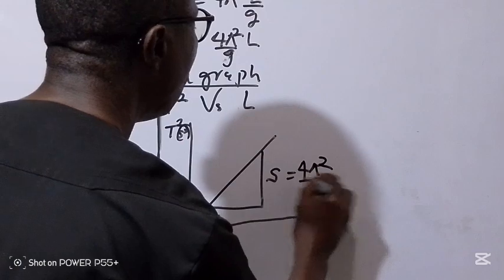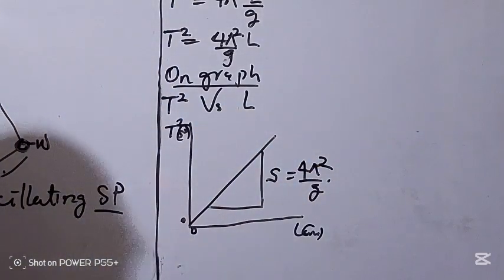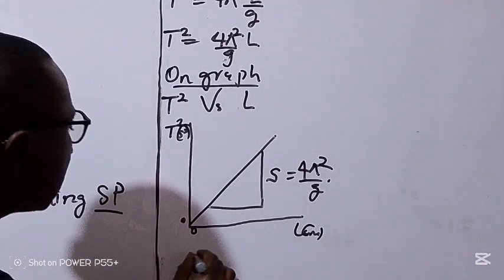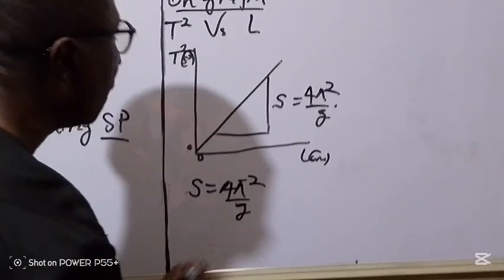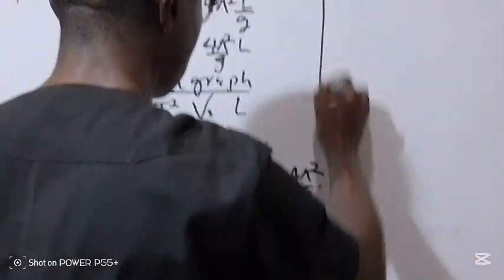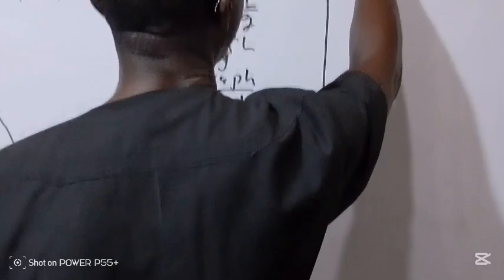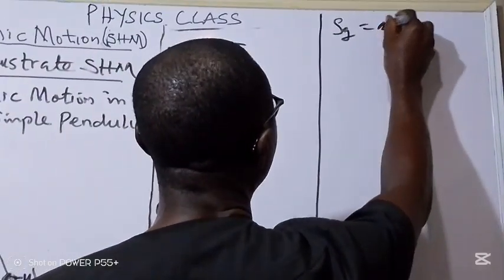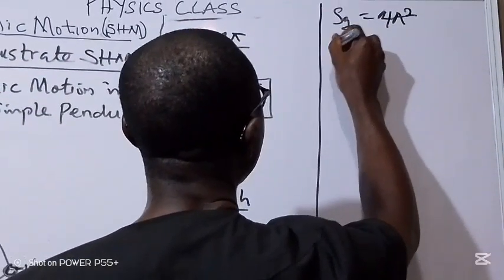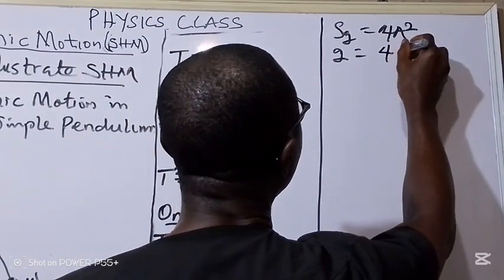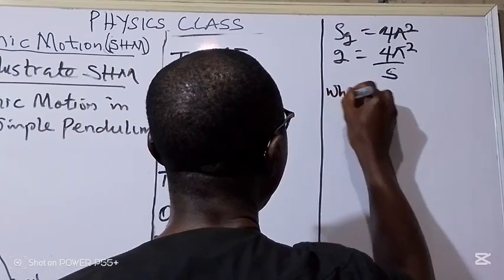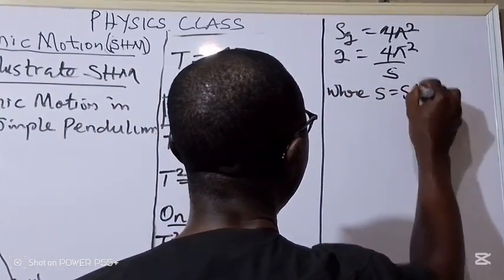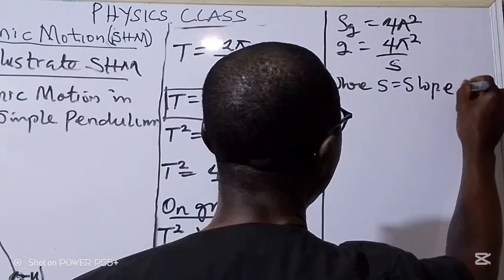So from there, the value of acceleration due to gravity can be calculated as S is equal to 4 pi squared over g. Therefore, S g will be equal to 4 pi squared. Therefore, g will be equal to 4 pi squared over S, where S is the slope of the graph.